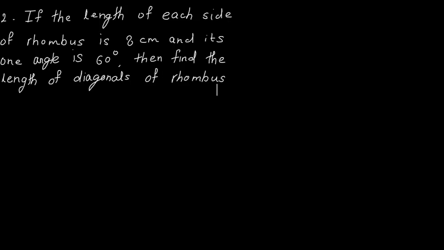Question number 22. If the length of each side of rhombus is 8 cm and its one angle is 60 degree, then find the length of diagonal of rhombus. Okay, so let us revise what is the property of rhombus. In case of rhombus, all the sides are of equal length and their diagonals are perpendicular bisector of each other.